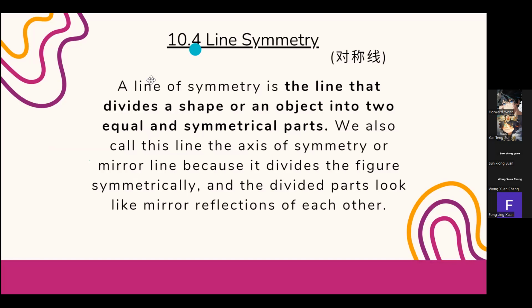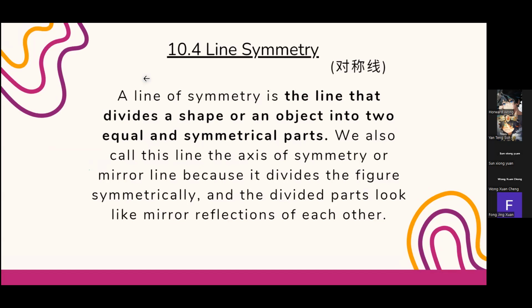Line symmetry. A line of symmetry is the line that divides a shape or an object into two equal and symmetrical parts. We also call this line the axis of symmetry or mirror line because it divides the figure symmetrically and the divided parts look like mirror reflections of each other.